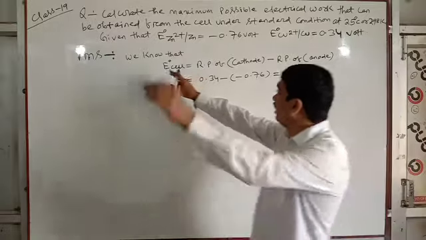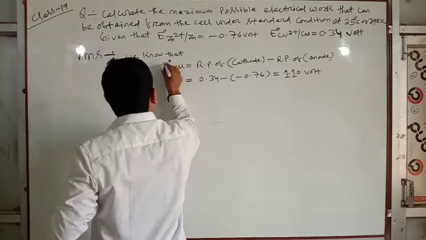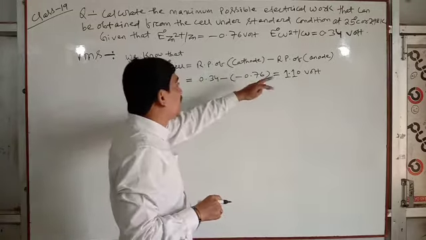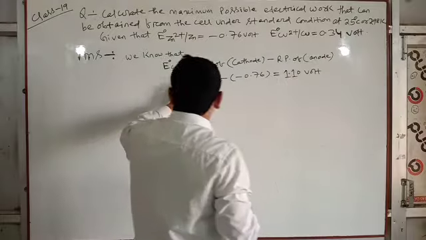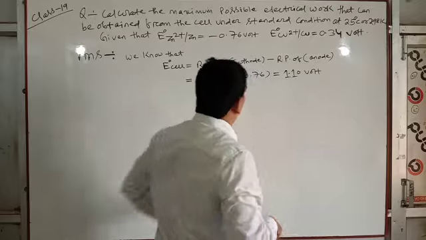So E naught cell equal to reduction potential of cathode minus reduction potential of anode, that is 0.34 minus 0.76, 1.10 volt.